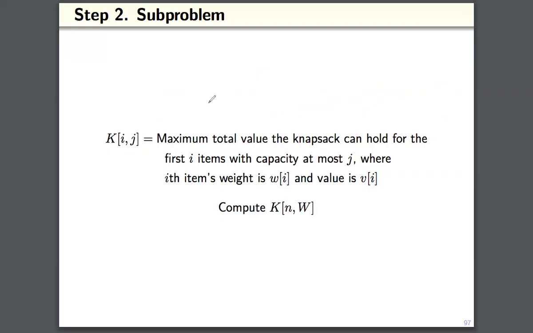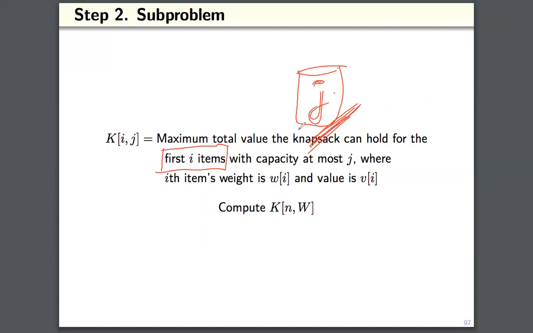I should say that, assume that you have a capacity that is not more than j. I think this is a better way of explaining things. But you should focus on only the first i items. And capacity shouldn't be more than j.